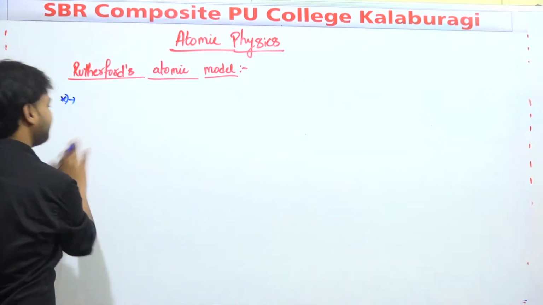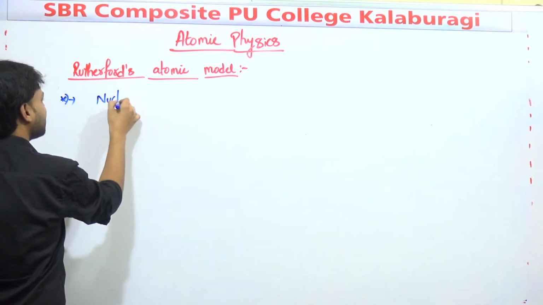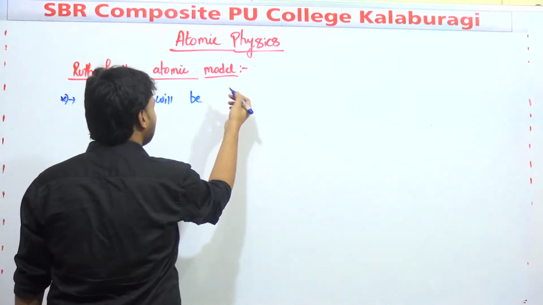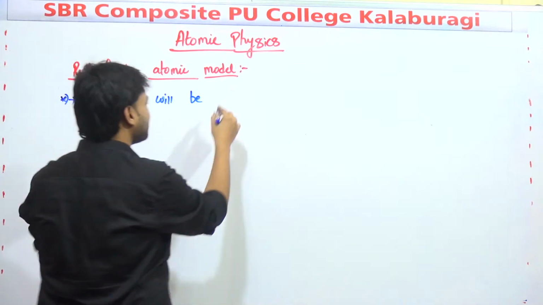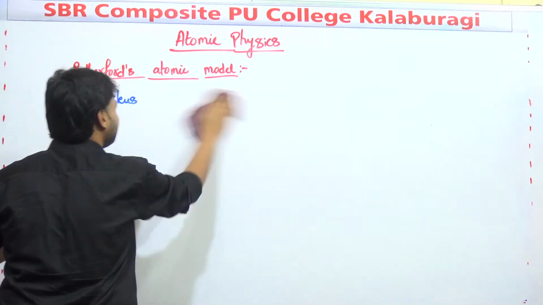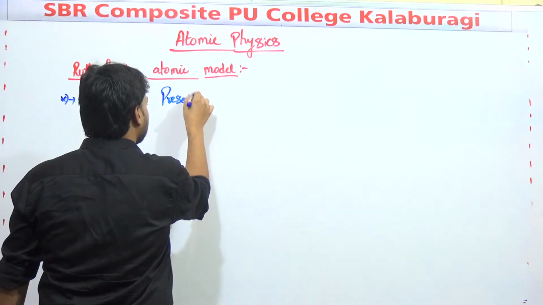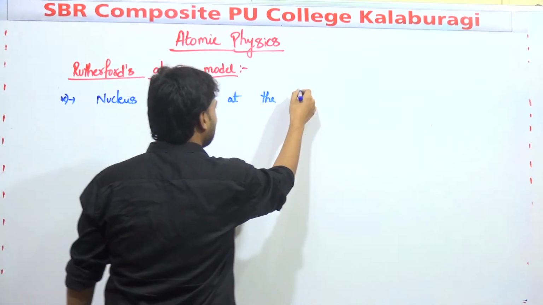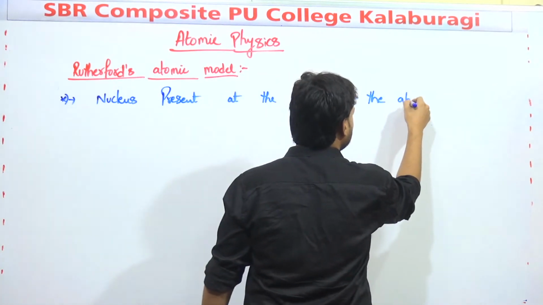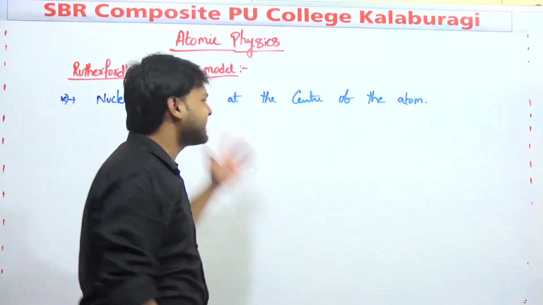First point is, the tiny nucleus is present at the center of the atom. In theory, you can study from different books; the story might be the same, but the screenplay will be different, right?